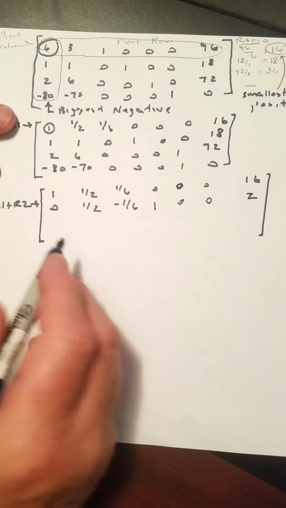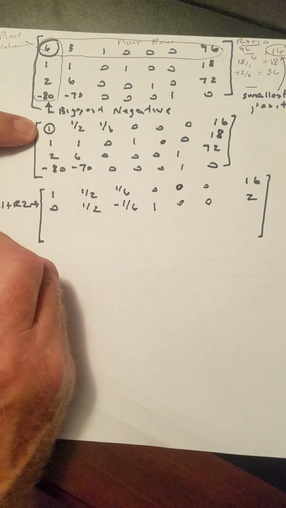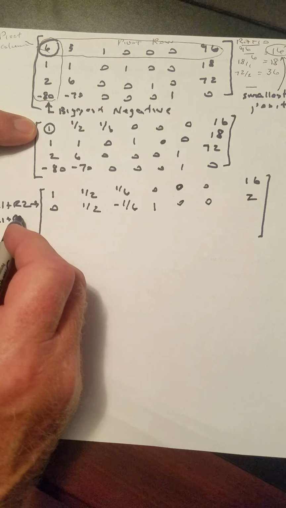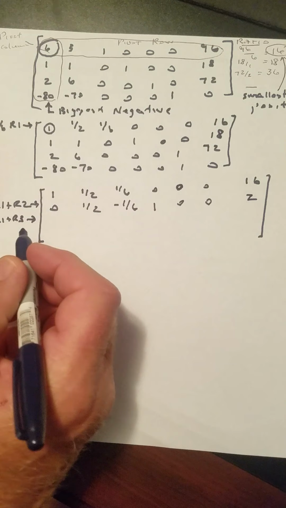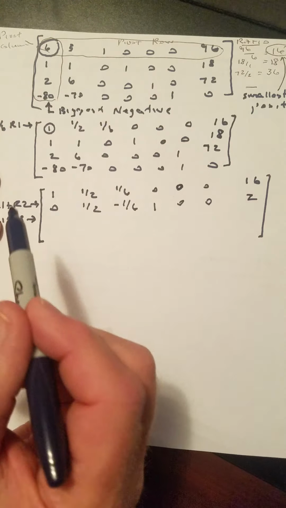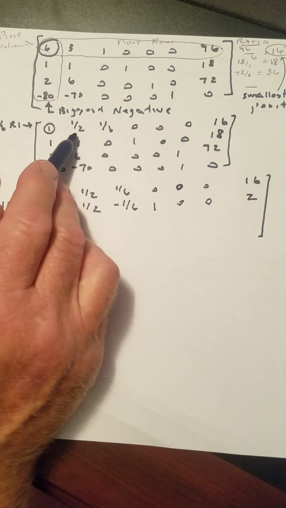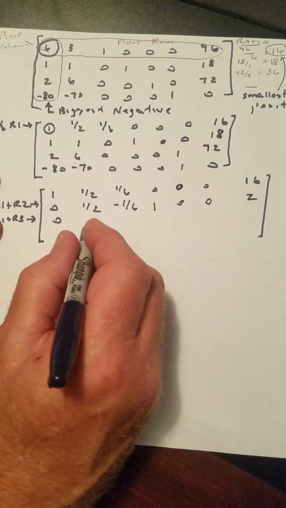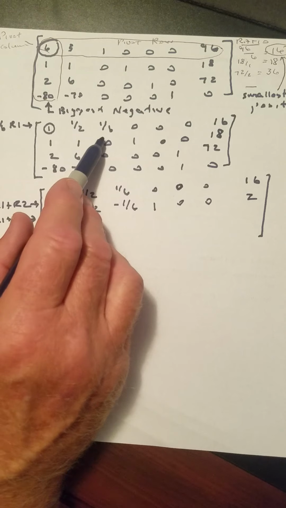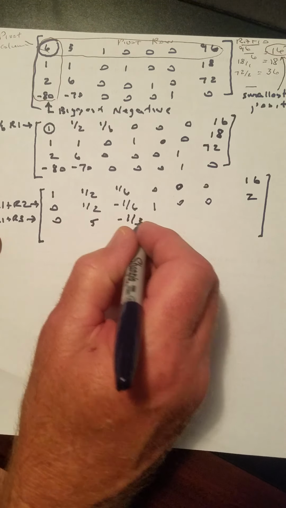Now we go to row 3. To get a 0 here, we have to multiply by -2 and add. So it's -2 times row 1 plus row 3. -2 times 1 is -2, plus 2 is 0. -2 times 1/2 is -1, and -1 plus 6 is 5. -2 times 1/6 is -1/3, and -1/3 plus 0 is -1/3.